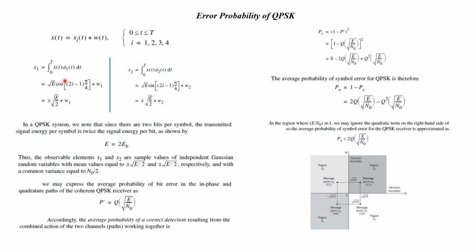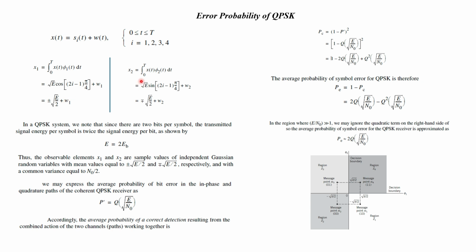Substitute the value of i from 1, 2, 3 to 4, and you get plus or minus square root of E by 2. For example, if i is equal to 1, cos pi by 4 is 1 by root 2, therefore I get plus square root of E by 2 plus w1. If the angle is 3 pi by 4, that is 135 degrees, cos is negative, therefore I get minus square root of E by 2.